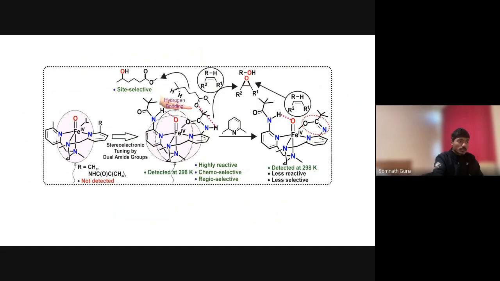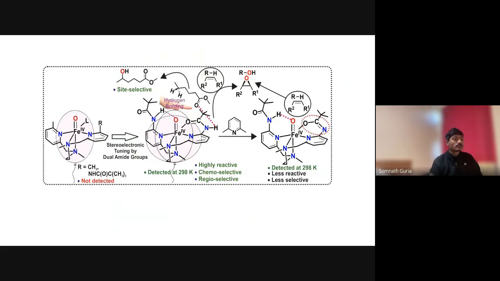Okay, and then that becomes the highly reactive species, and it forms a chemoselective and regioselective oxidation of the olefins.